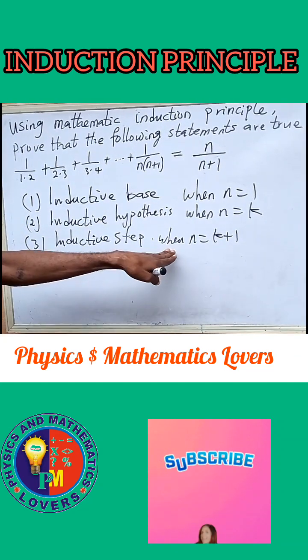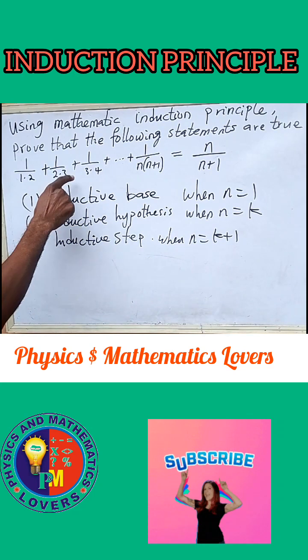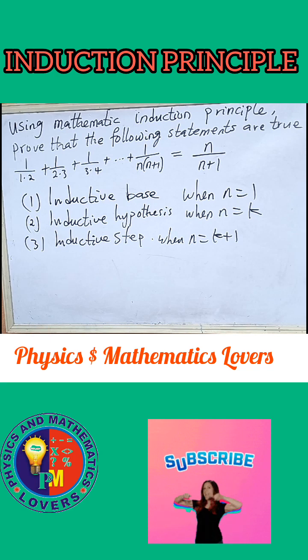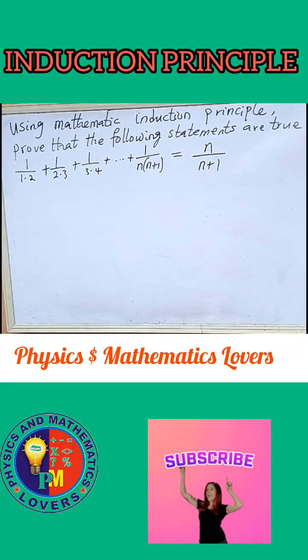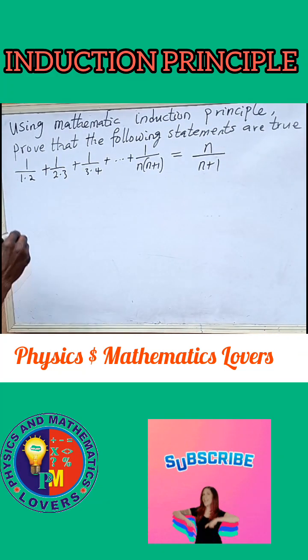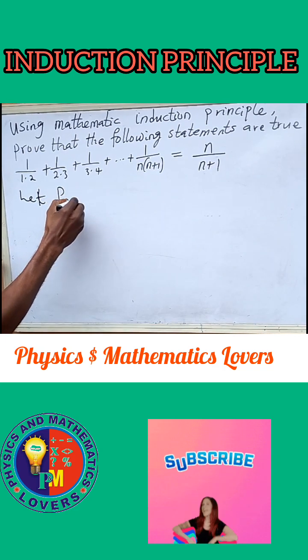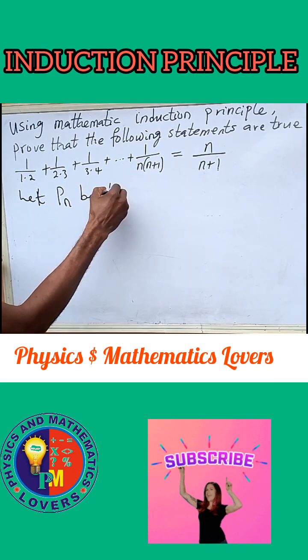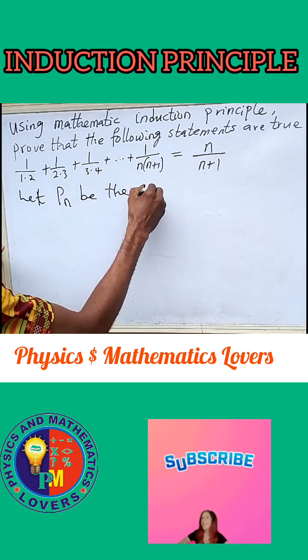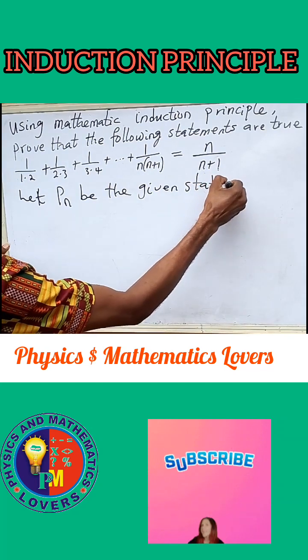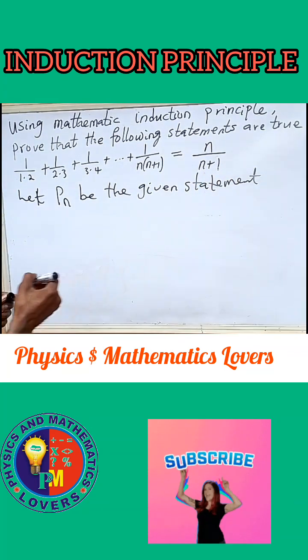Having this in our mind, let us apply it here, and see if we arrive at the required answer. So let's check if this statement is true. To solve this, we can say let P(n) be the given statement.